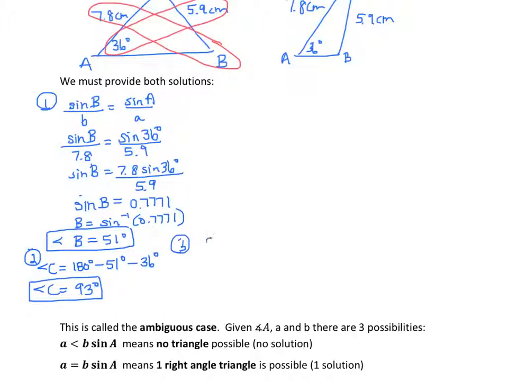So we know that C over sine 93 is equal to 5.9, using side A again, over sine 36, multiplied by sine 93 on both sides.